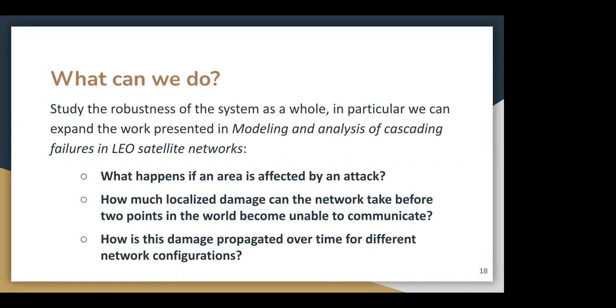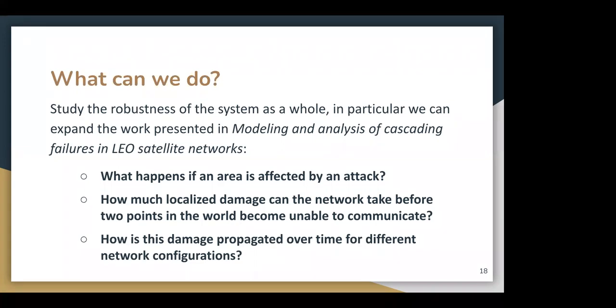First, we can use the load dynamics considered in the model proposed in that paper to test what happens if instead of cyber attacks, we test localized attacks, or what happens if an area is affected by an attack. With this, we could try also to answer the question of how much damage the network can take before two points in the world become unable to communicate, which is not exactly the question that they were trying to answer in the paper, because they were very much presenting the model.